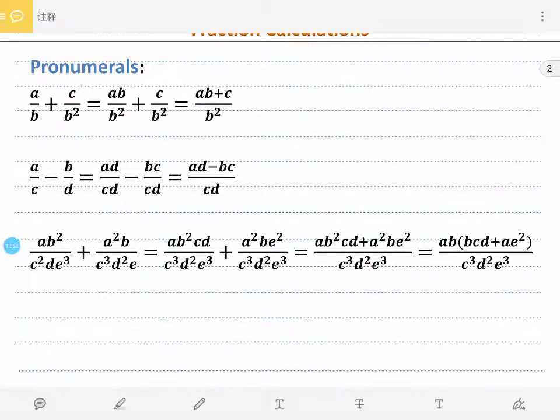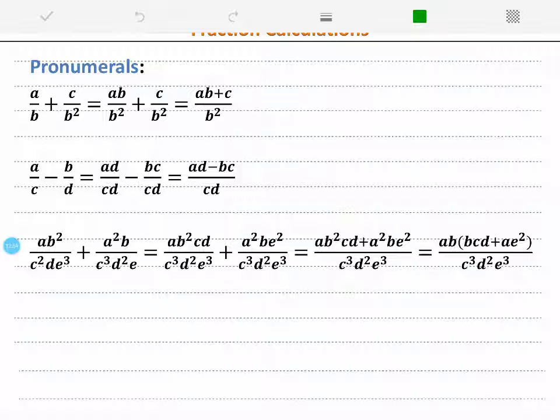Now, let's see the algebraic fractions here. First example is a over b plus c over b squared. The two denominators here are b and b squared. The smallest common multiple here is just b squared.